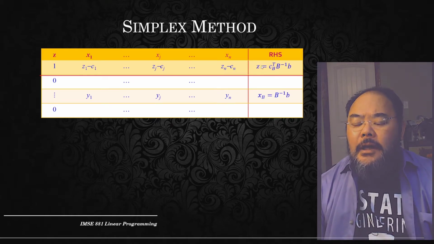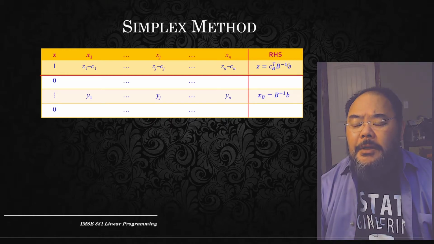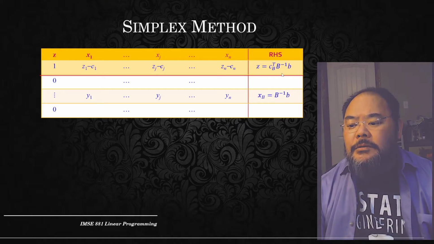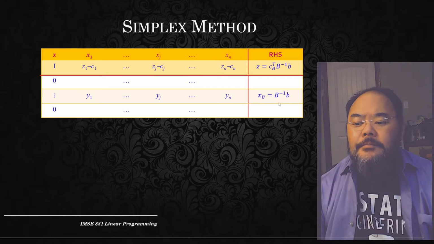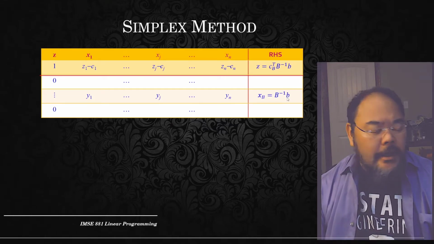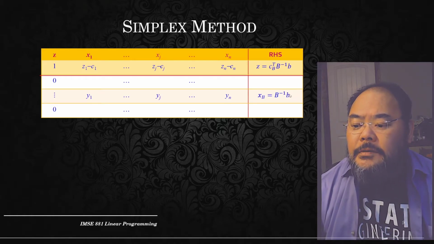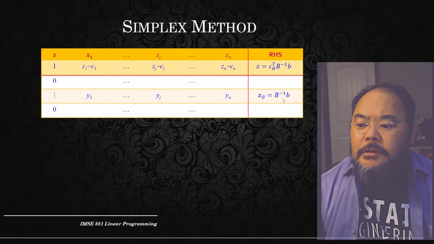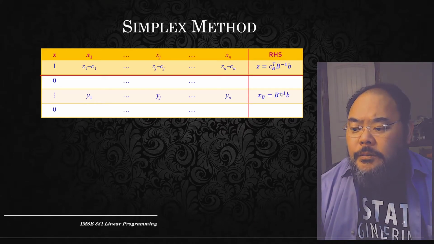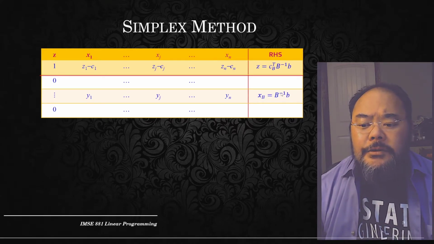And the right-hand side, z, equals cB transpose times B inverse times b, because that equals cB times xB, and xB equals B inverse times b. Lowercase b represents the original right-hand side, and B inverse is the only thing that changes each iteration if you change the basis, the basic matrix.